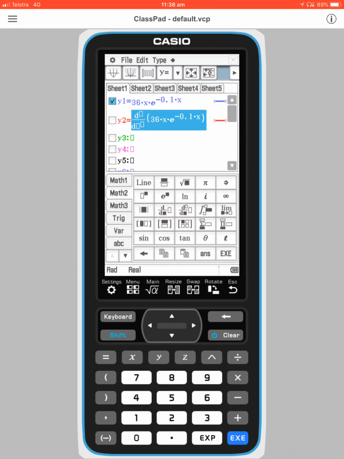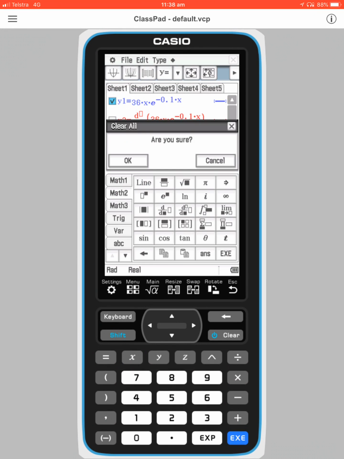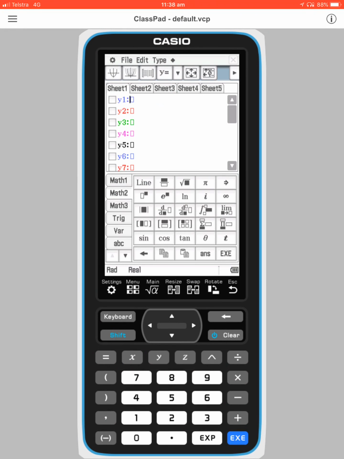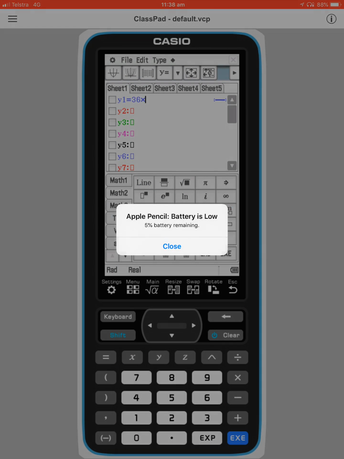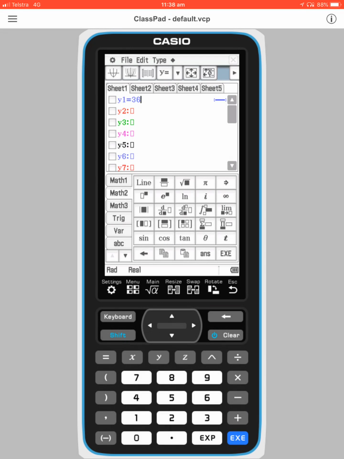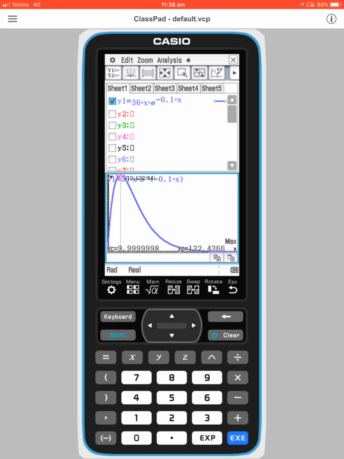Oops, wrong one. 36 times 36 e to the power of negative 0.1x. Sketch it, and then we want to sketch its derivative.